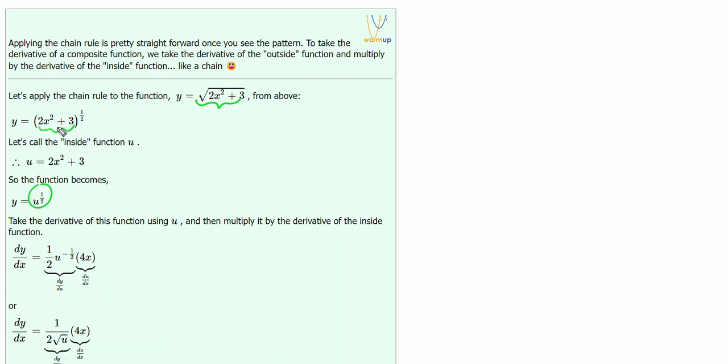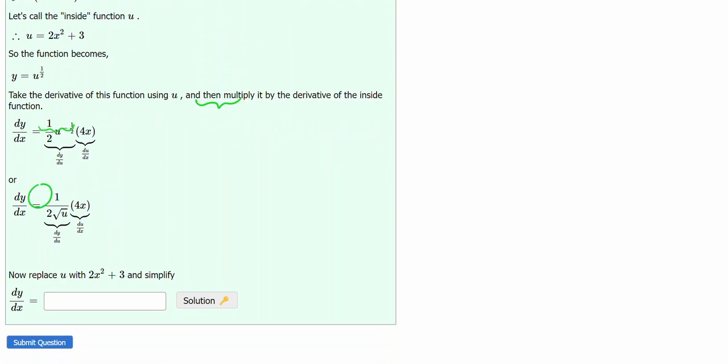That's the derivative of this guy on the inside, which would just be 4x, right? Bring the 2 down, so now we got 4x. Simplifying this up a bit, we have 1 over 2 and then square root in the bottom, right? That's just getting rid of the negative and then turning it back into a square root. And then the very last step here, we would just replace u with what we know it is, 2x squared plus 3.